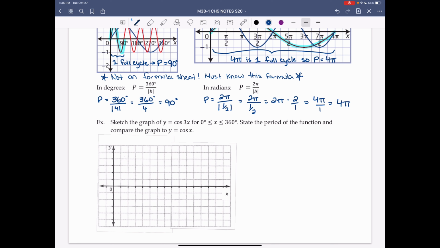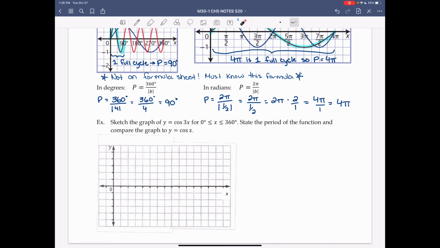Our domain is from 0 to 360, so to determine my scale for my x-axis, I want to take up as much space on this graph as possible, and I want to count by one of our special angles: 30 degrees, 45 degrees, 60 degrees, 90 degrees, one of those. I'm just going to test it out if I count probably by 30 because I have quite a bit of space here.